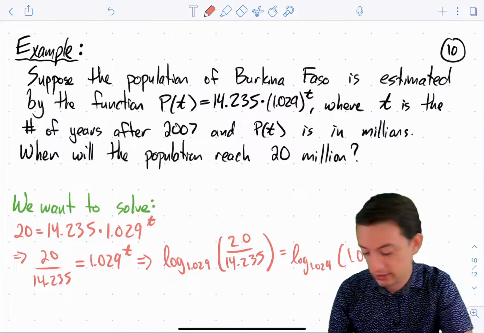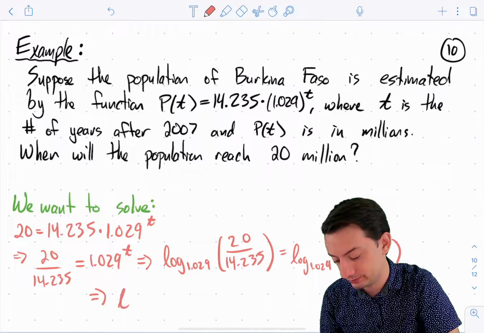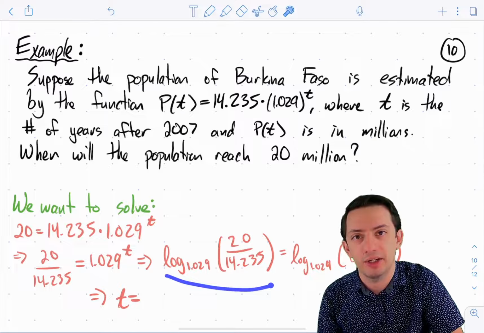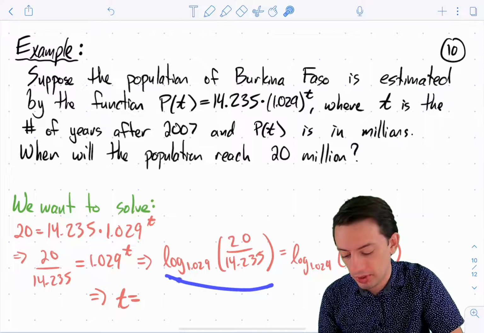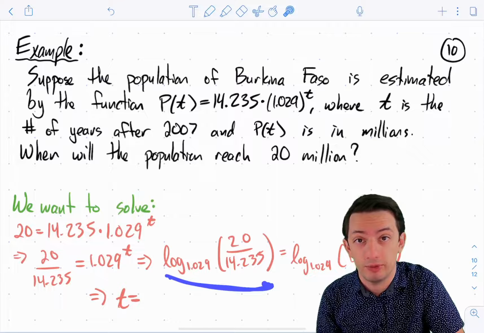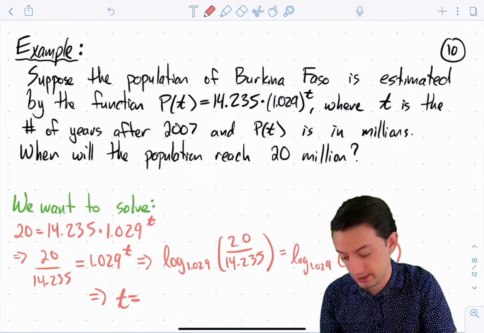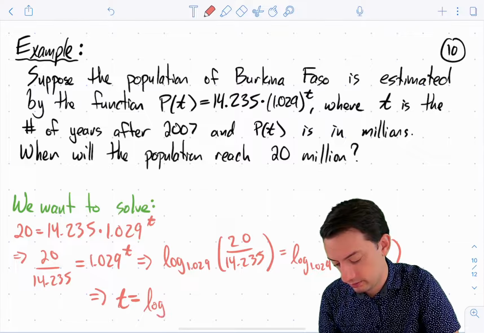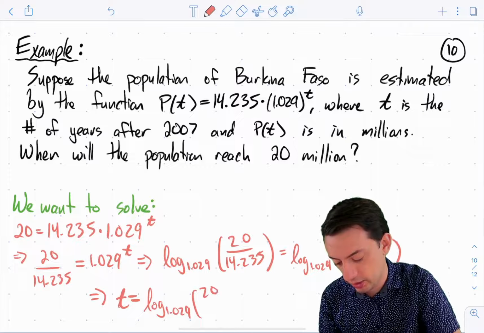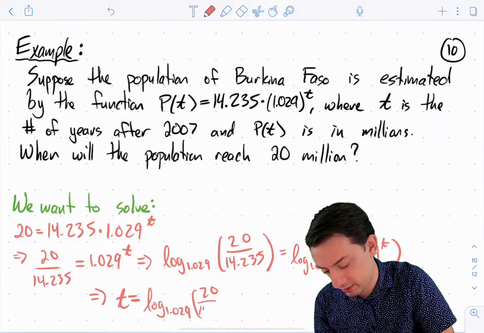And so what that tells us is that t equals this thing on the left. Now this is complicated, and we're going to need a calculator to figure it out, but the point is that this thing on the left here doesn't have any variables. It's just some number once we figure it out. And that's what t is. It's log base 1.029 of 20 over 14.235.